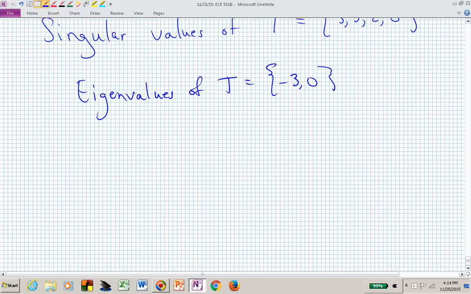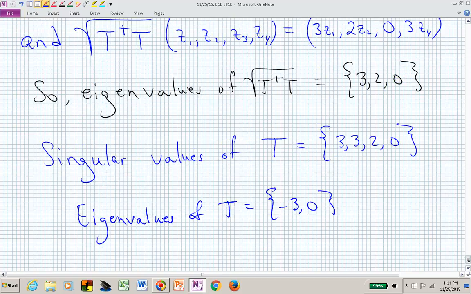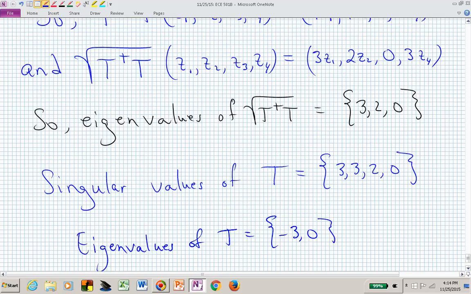And if we wanted to, so that's now the eigenvalues of T. The singular values of T are 3, 3, 2, and 0. And so we can sort of see that the singular values are giving us a scaling consistent with the magnitude of our eigenvalues of the original map.